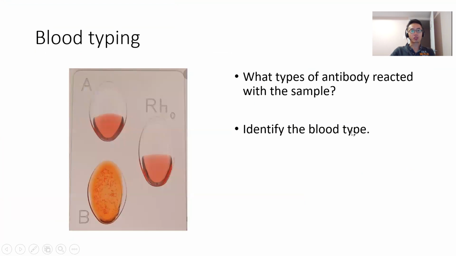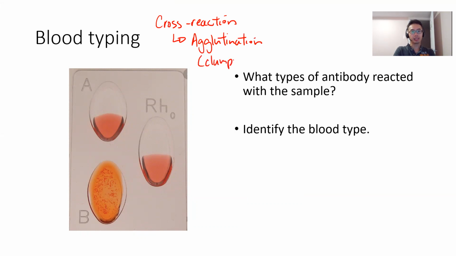So assuming you have watched that, and we talked about this as well, right? So what type of antibody reacted with the sample? We're looking for little clumps, right? Remember, when the antibody reacts with the RBC, we call that a cross reaction. A cross reaction will result in agglutination, which is clumping. That's what it means. Agglutination means clumping.